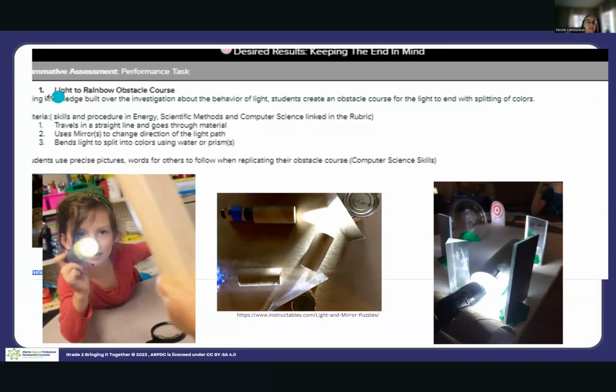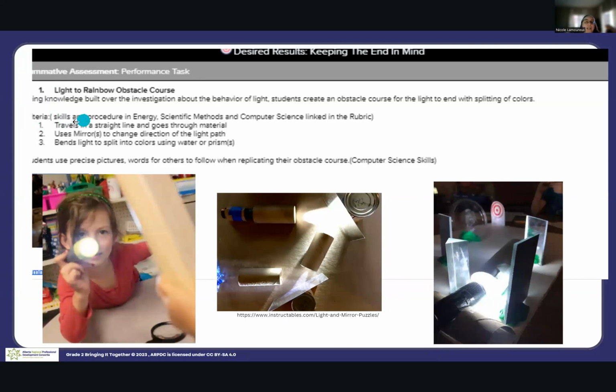So where I found this, and I thought this would be a great one, is using, they're going to build an obstacle course for light. So using knowledge built over the investigation about the behavior of light, students create an obstacle course that ends with the light splitting in colors. So the criteria, this just got slightly cut off here, but you'll have a copy of this.